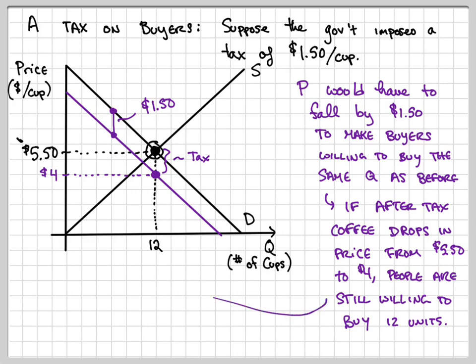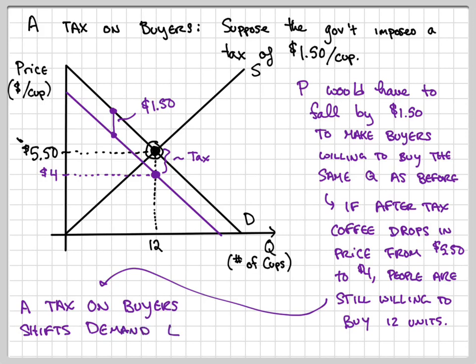And so the important rule here is that a tax on buyers shifts the demand curve left by the amount of the tax. And that's what we see in this picture.